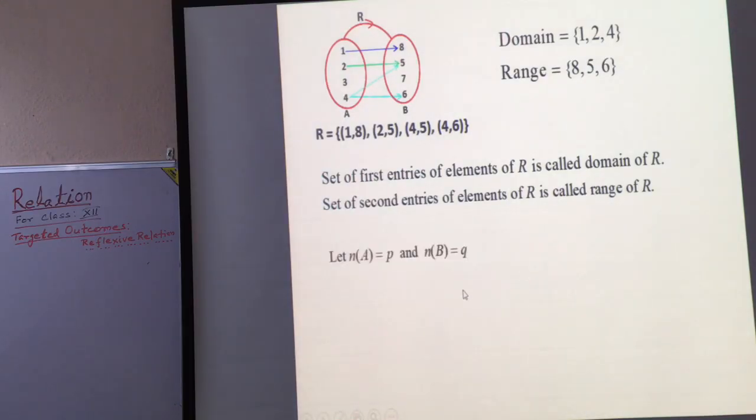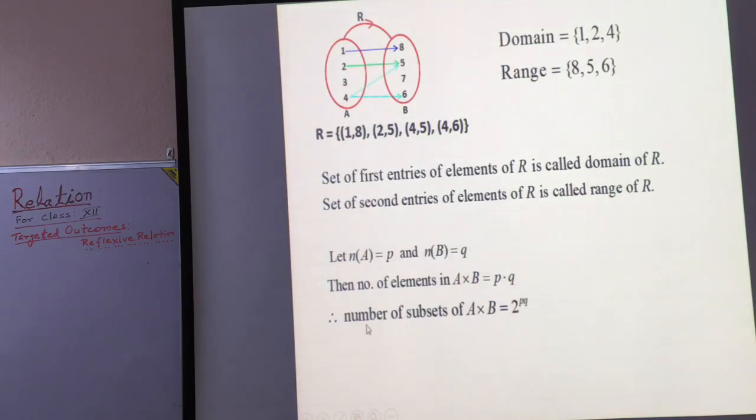Also, we recall if the number of elements in A is p and the number of elements in B is q, then the number of elements in A cross B is necessarily p into q. Therefore, the number of subsets of A cross B will be 2 to the power pq. As we know, if a set has n elements, then it has 2 to the power n subsets.